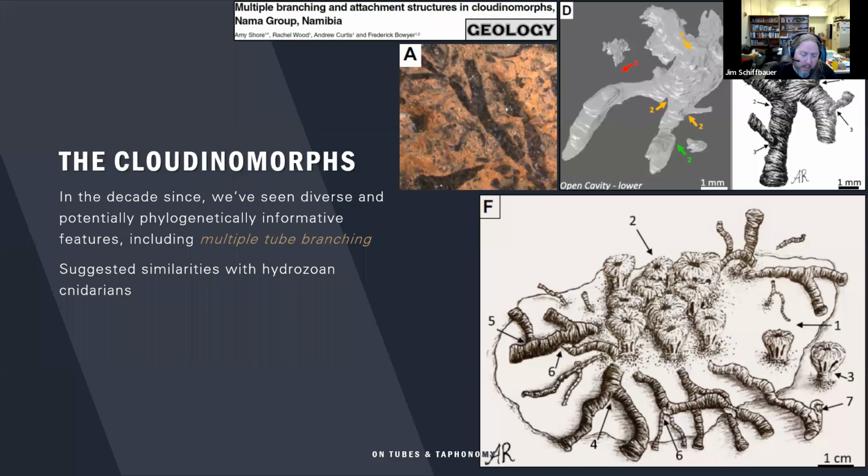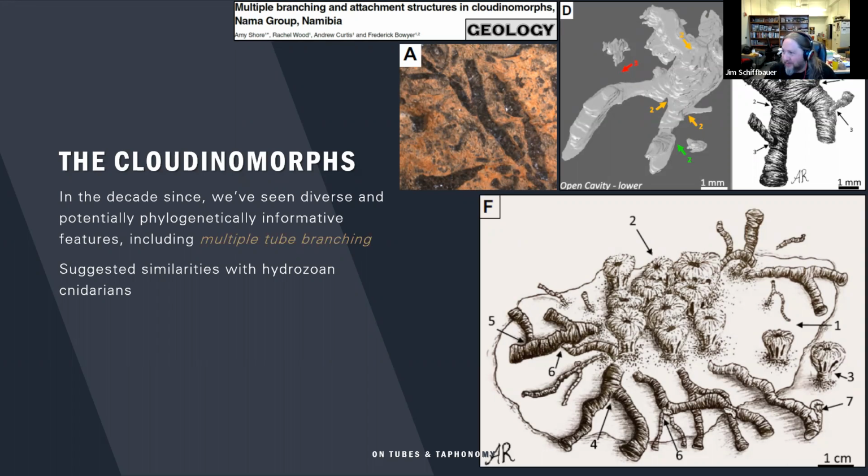We've known about cloudinid branching for a long time. That's not something that's new, but what is new is that they could branch multiple times. So this was argued very nicely in Amy's paper to be suggestive of a hydrozoan affinity, because we don't know of any annelids that branch multiple times. Again, we're just thinking about the difference between cnidarians and annelids at this point.